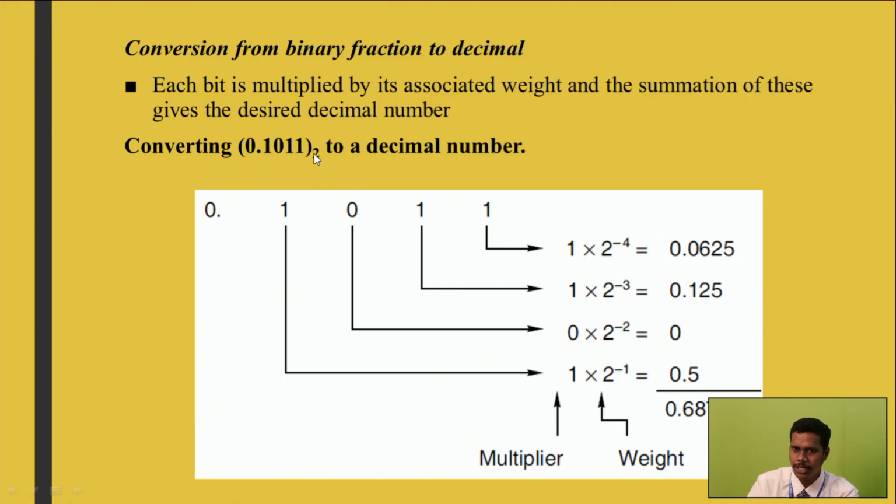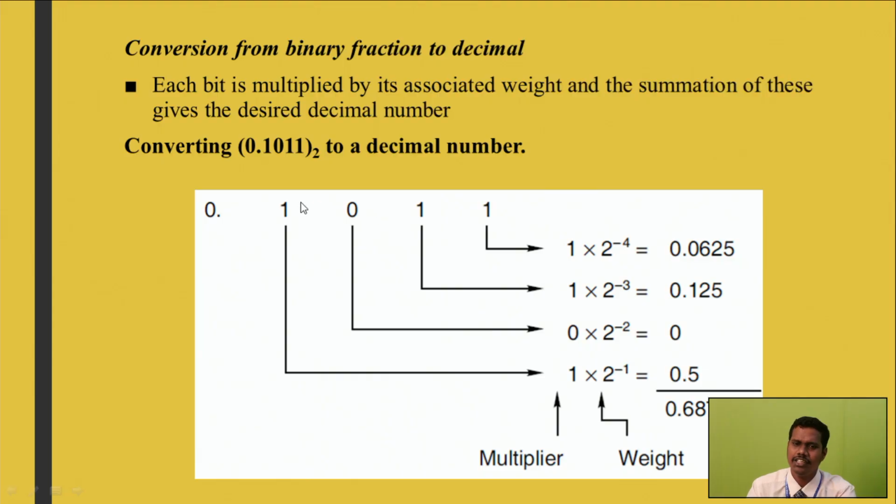So the binary weightage scheme is followed for fractional numbers. 2 power minus 1 is 1 by 2, which gives 0.5. 2 power minus 2 is 1 by 4, which gives 0.25. 2 power minus 3 is 1 divided by 8, which gives 0.125, and 2 power minus 4 is 1 divided by 16, which gives 0.0625.